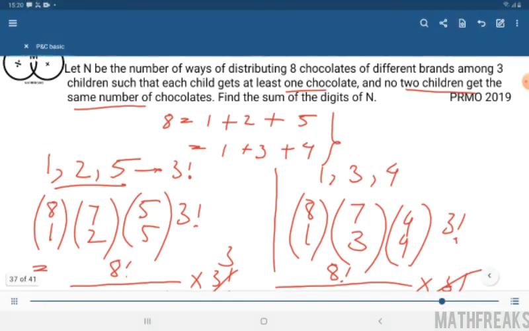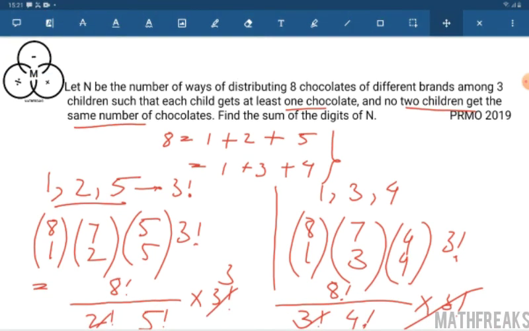Okay, now just think. I guess the pointer is not there. Okay. 1, 2 and 3. 1, 3 and 4.